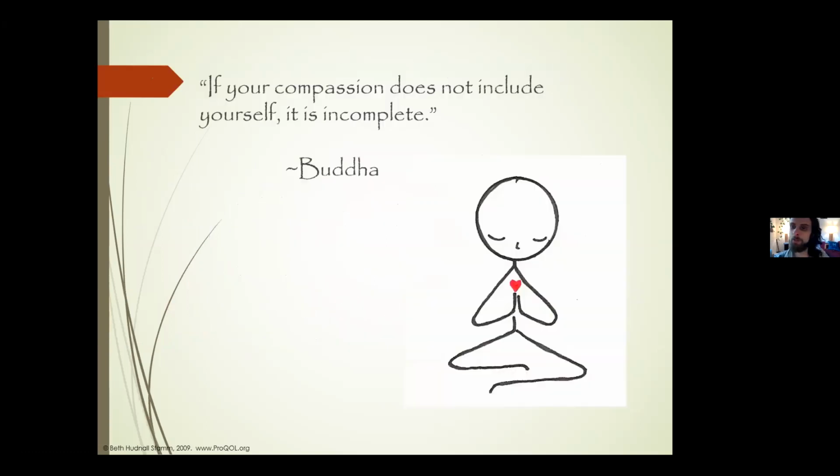All right, so the first slide is one I really like. It says, "If your compassion does not include yourself, it is incomplete." Buddha. It's probably arbitrary whether Buddha actually said that, but who knows? Nonetheless, I think it's really important to consider that malice and judgment going inside is just as bad as it is going outside.